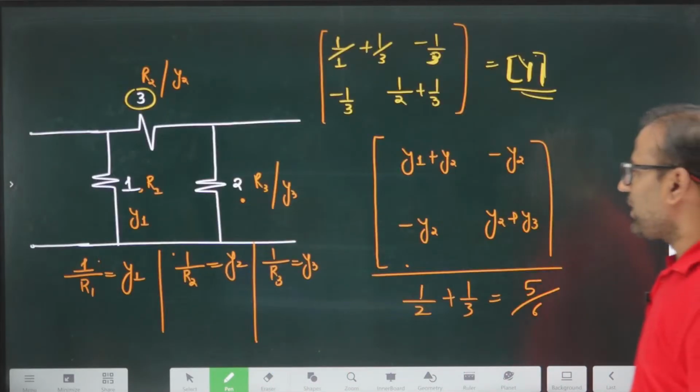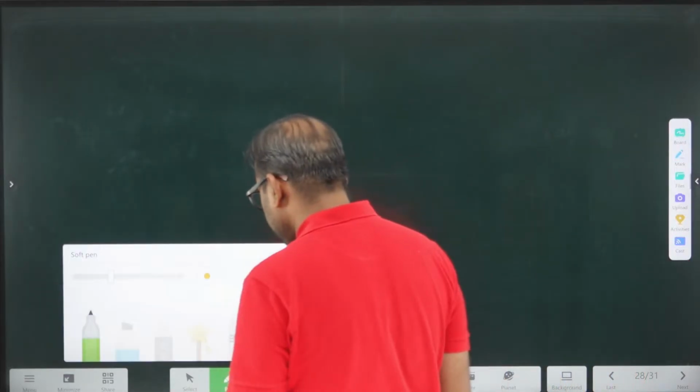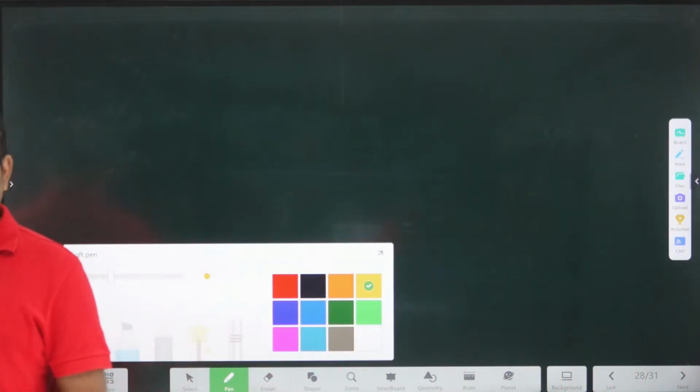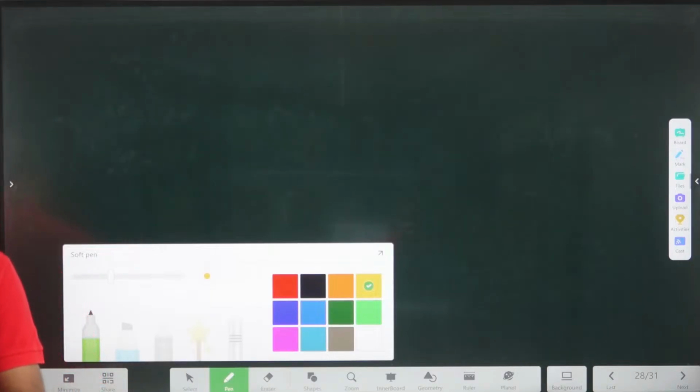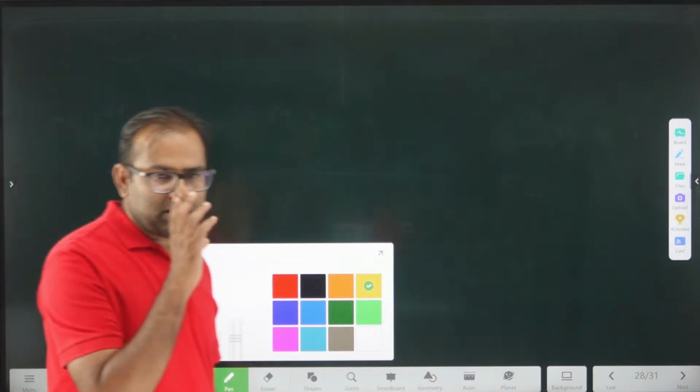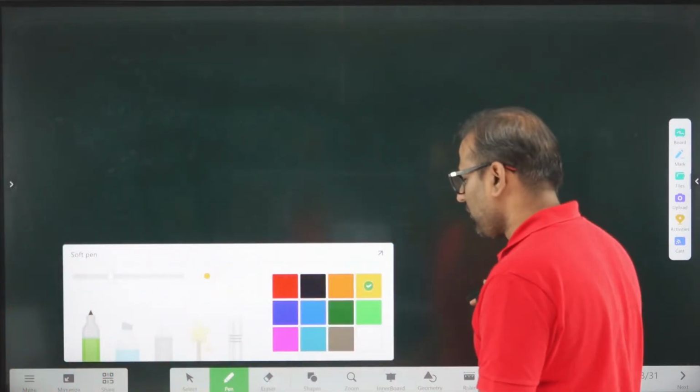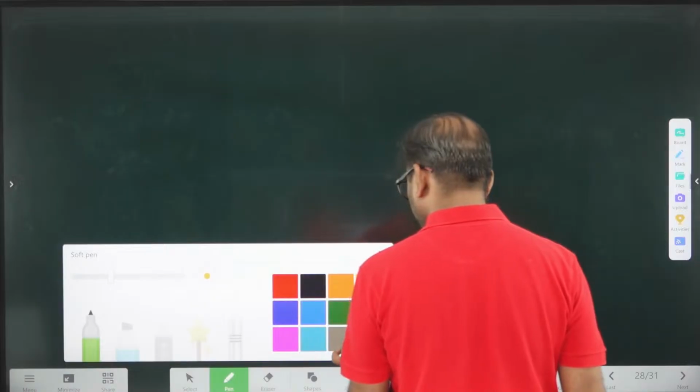Now let's take one more example on the y parameter: how to calculate the y parameter for a resistive network.